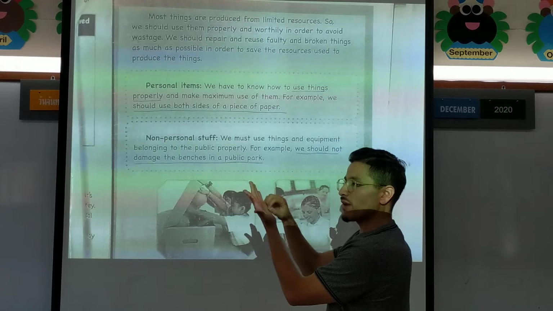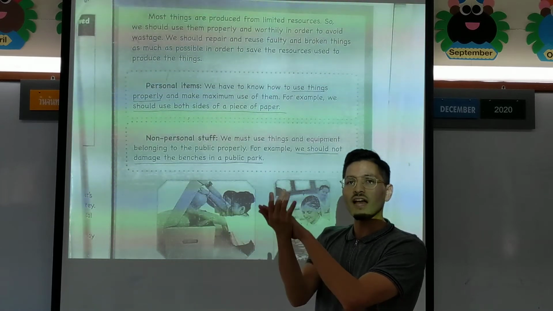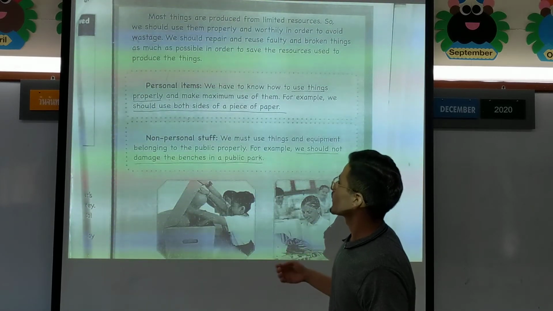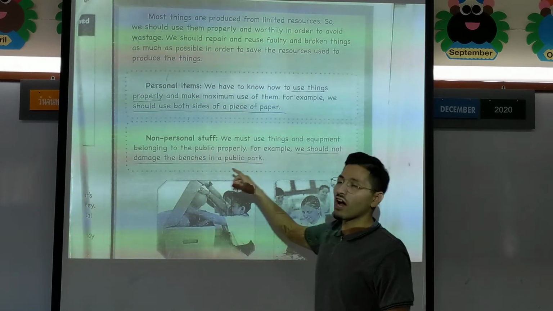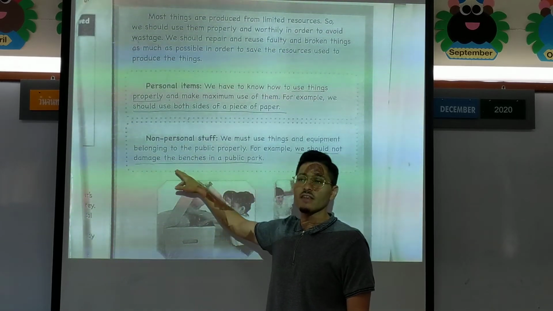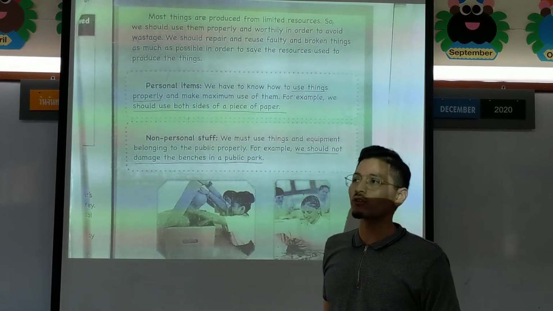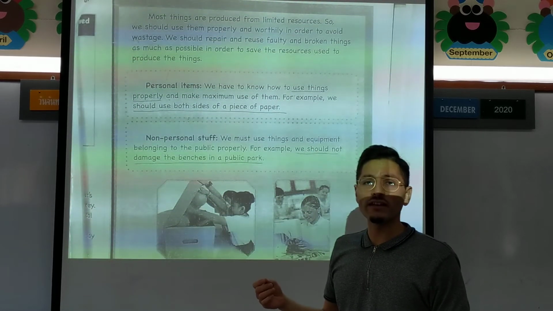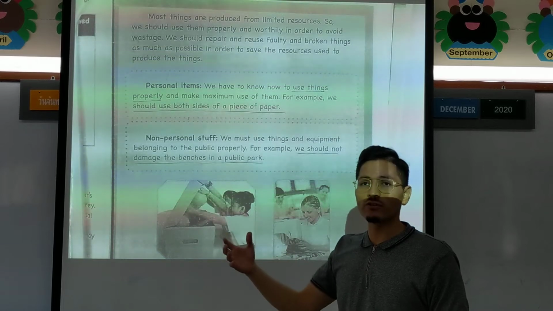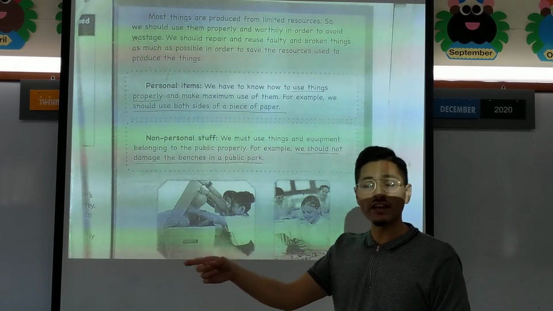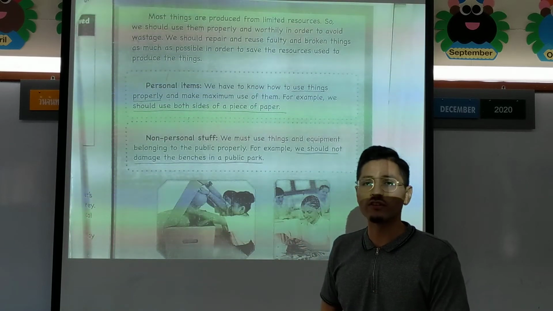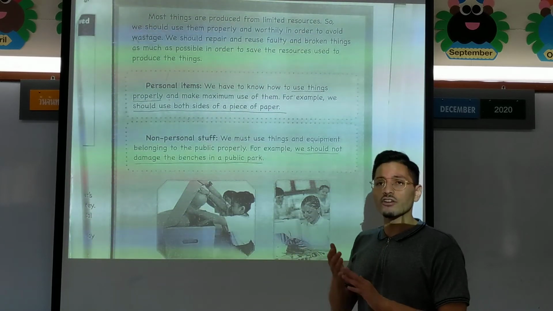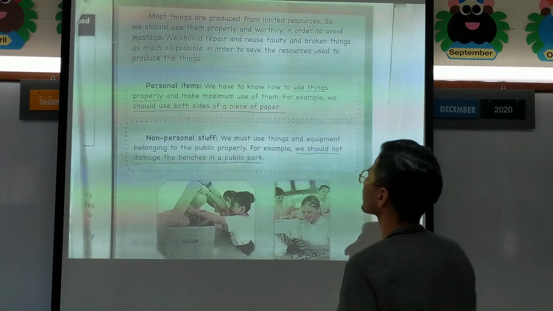So we have the piece of paper, we can use both sides. Okay? And another example, we should not damage things in public. If you go to the park, you don't want to break things that other people have to use, like the bench or the chairs at school. You don't break them because other people need to use them. So we take care of our goods, okay?